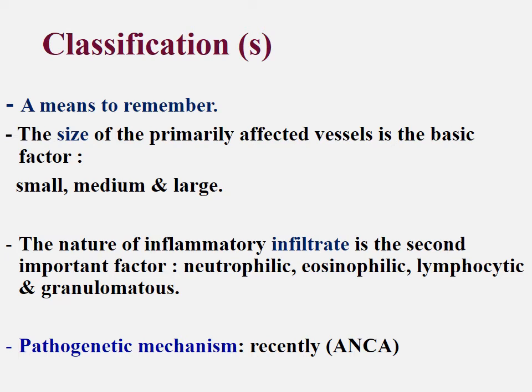The nature of the inflammatory infiltrate is the second important factor. Is it neutrophilic vasculitis, eosinophilic, lymphocytic, or granulomatous? Recently, pathogenic mechanisms are included, and now we have an entity called the ANCA-positive vasculitis.